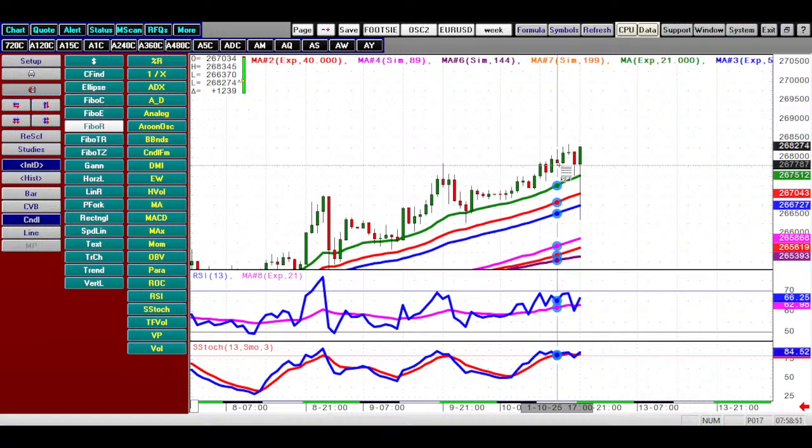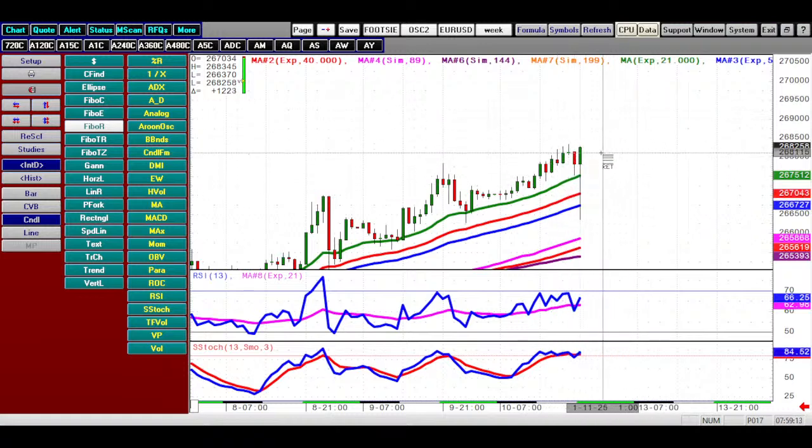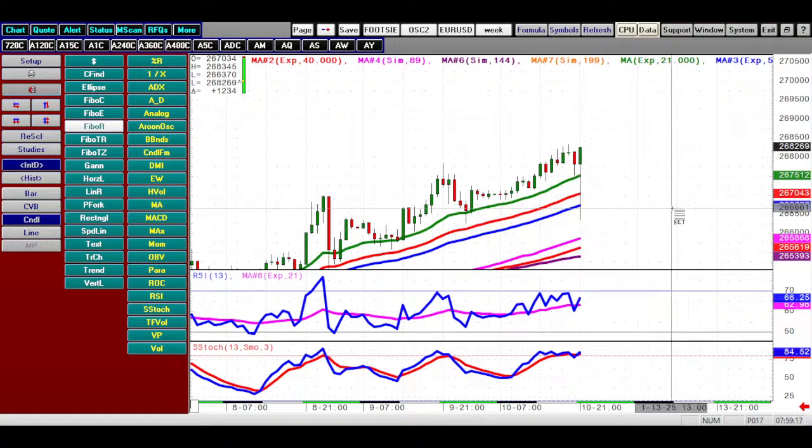We have 2 more minutes to see. This level would be a make or break scenario. If it breaks, it's going to go higher. If it fails, then we should see the price coming off for gold.